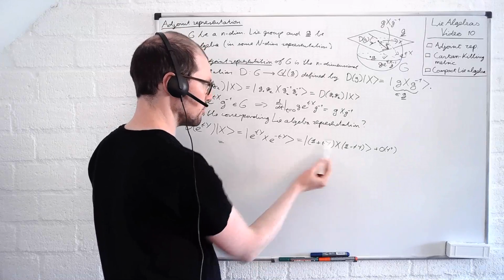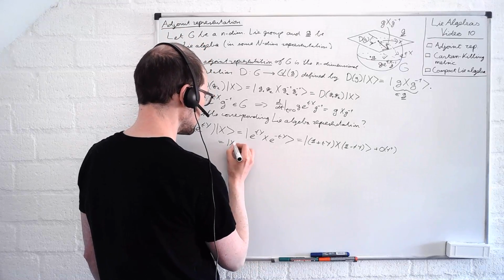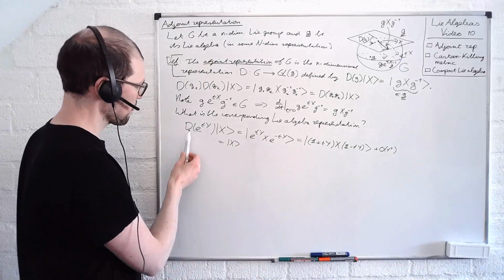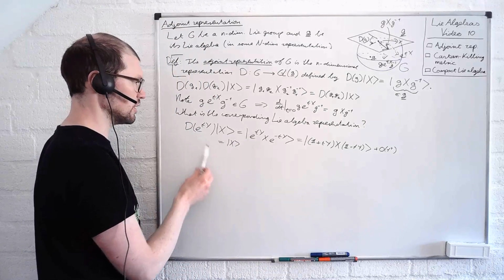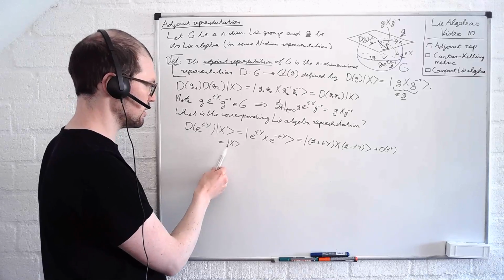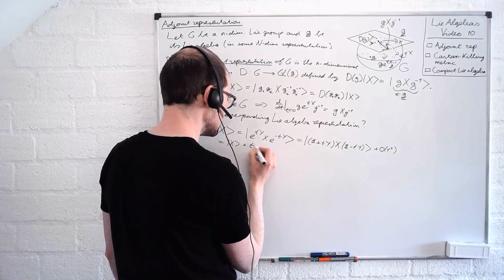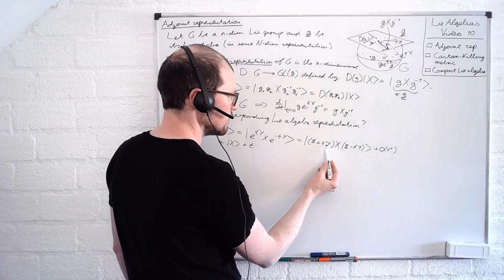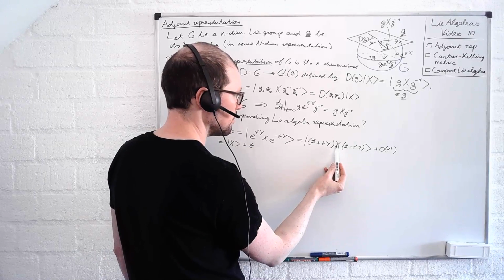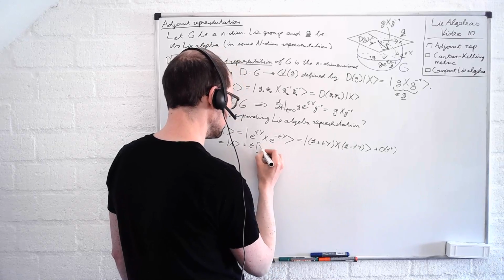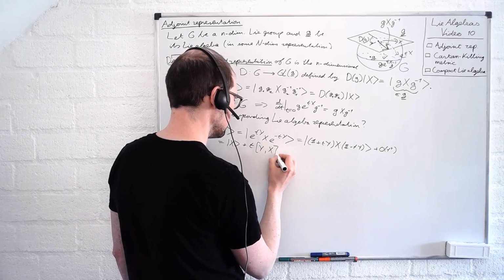So at 0th order, I just get x back, right? That's what we expect. The representation of the identity element should just be the identity mapping. And then at linear order, I get t times y x minus x y. So that is the commutator of y and x.